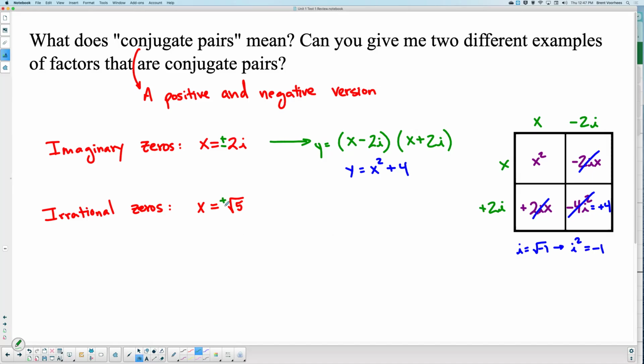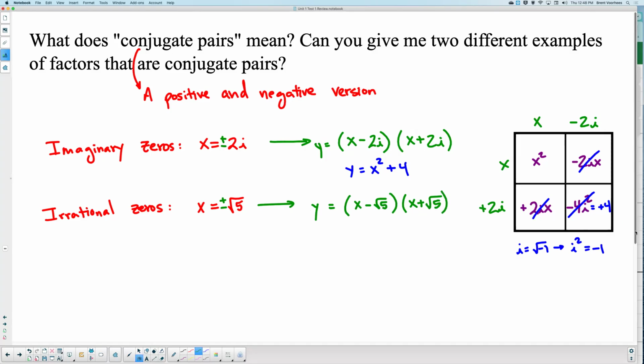A positive and a negative version of the square root of 5. And so as factors, what would that look like? x minus square root of 5 times x plus square root of 5.